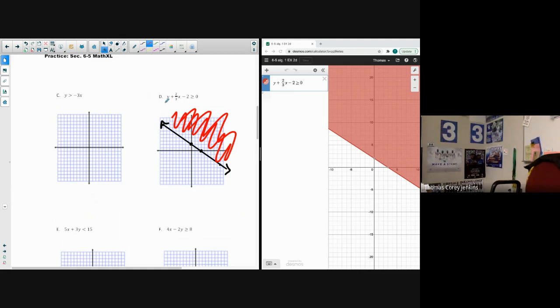All right, so if we sub 0, 0, we get 0 plus 0 minus 2 is greater than or equal to 0. So that would just be -2 is greater than or equal to 0. That's not true. So notice we shade on the other side of the line. 0, 0 is over here, we shade over there. Not that we needed to do that because Desmos already told us where to shade, but just showing you that that does work.